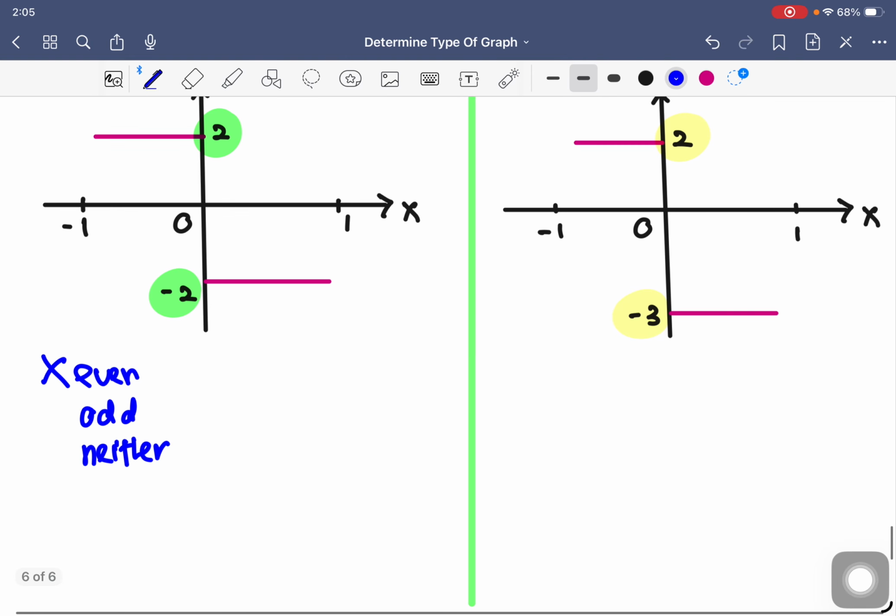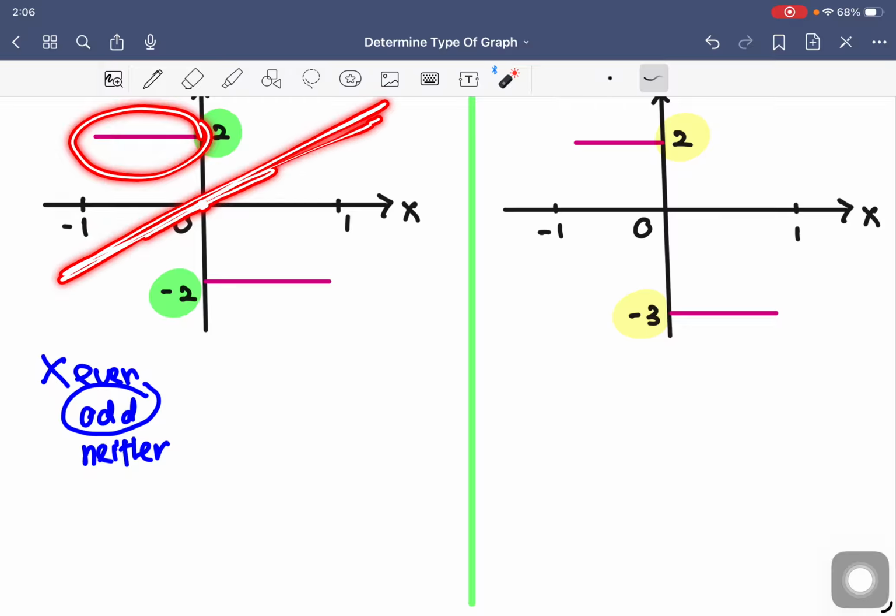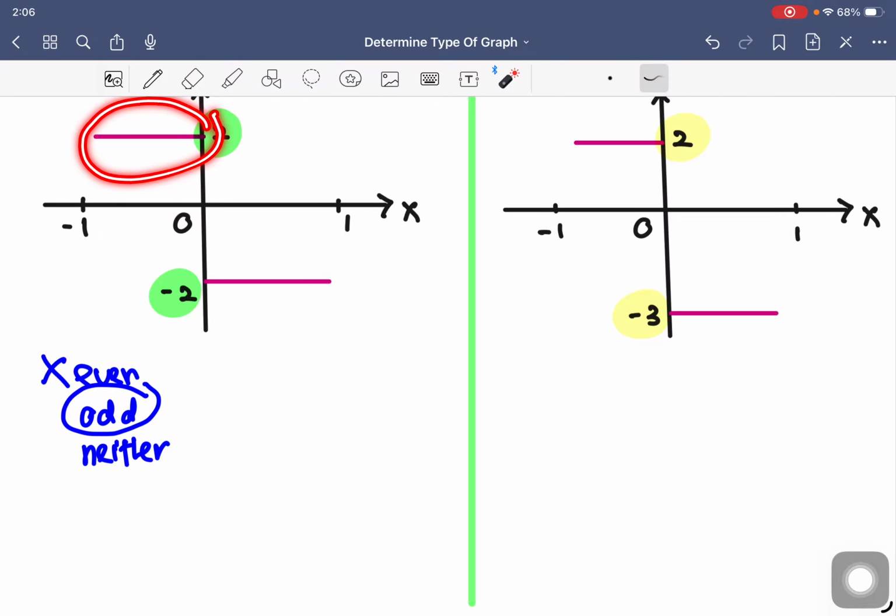So the choice of the answer is odd graph. It cannot become neither here because this graph is transposed or symmetric about the origin. So this is our origin. Okay, so the graph on the upper side is transformed to the bottom side. So for this one, the answer is odd.